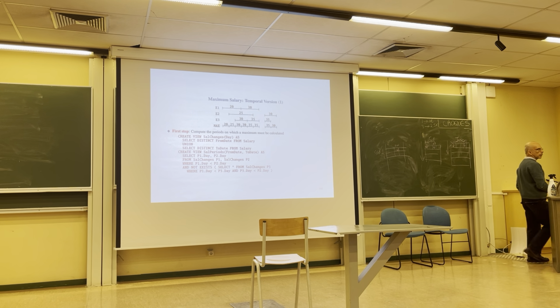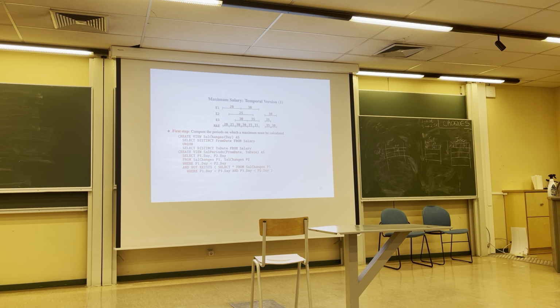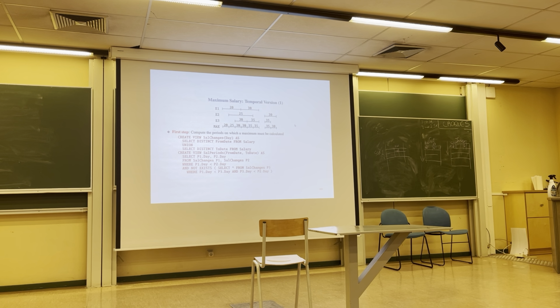When you have that, then basically you have in the periods table here the first interval, second interval, third period, fourth period. We have as many periods in this table as there are splittings of the timeline here. Okay for that? And then this is the most difficult part. When you have that, this is the same diagram. I compute the maximum. What I have to do is take the salary and do a join with the period.